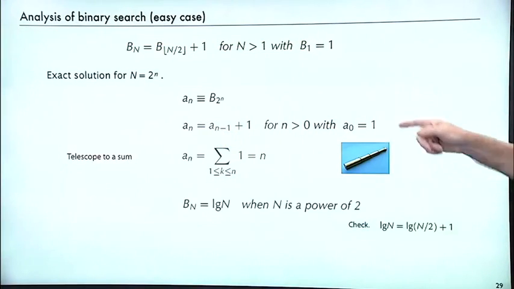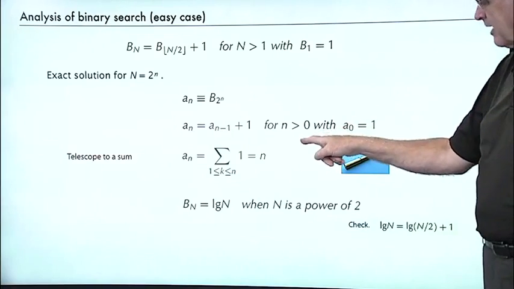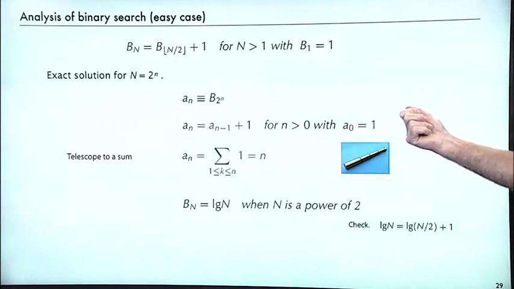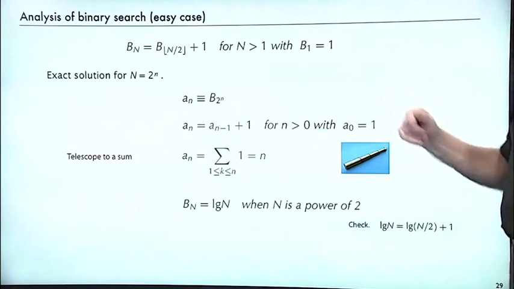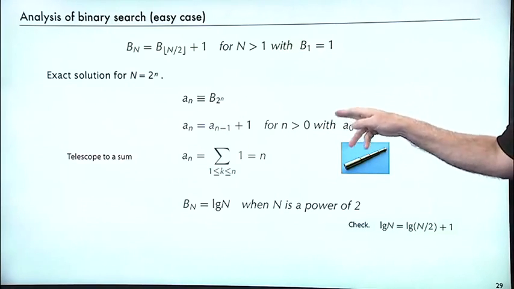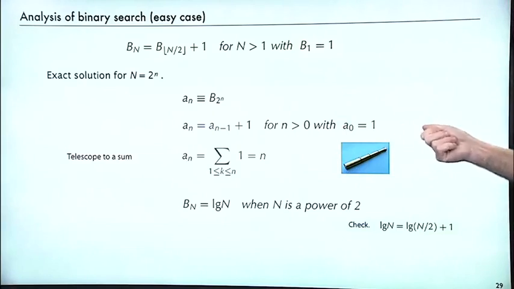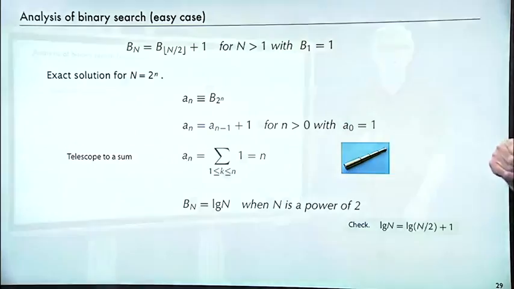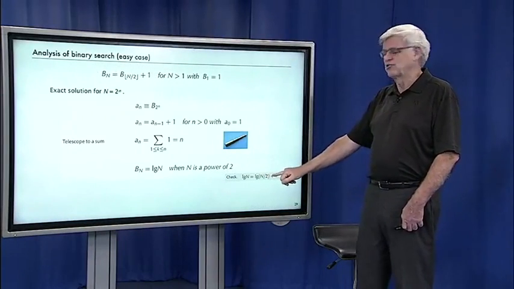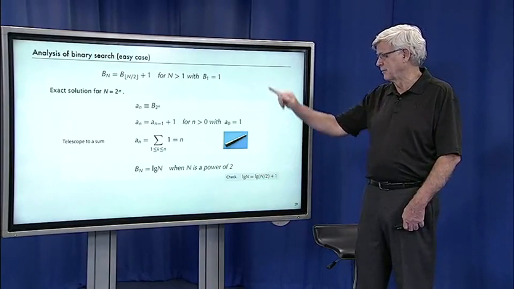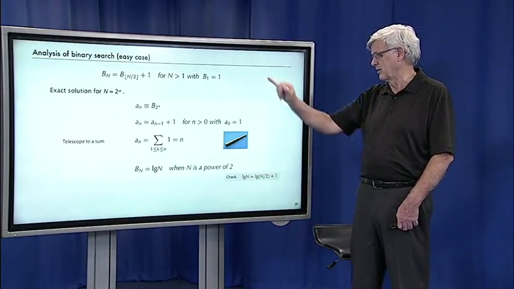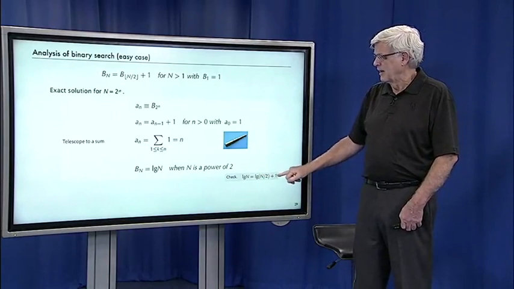And that means that little n is log base 2 of big N by definition. So the number of compares taken by binary search in the worst case is log base 2 of big N when N is a power of 2. And again, I can check that just by plugging into the recurrence, log base 2 of N.